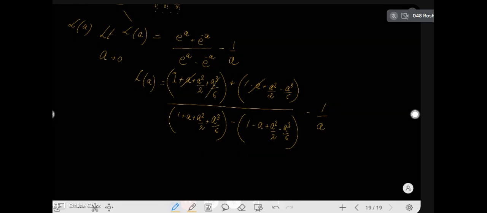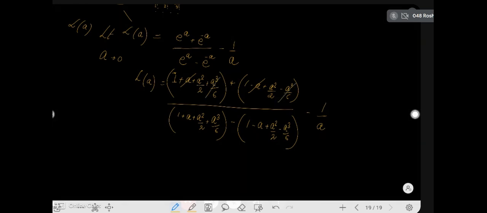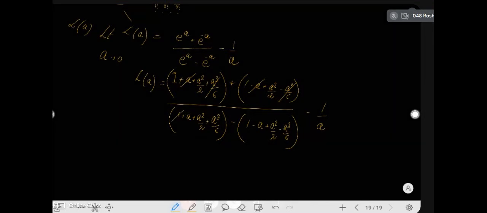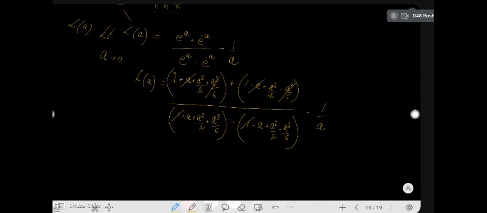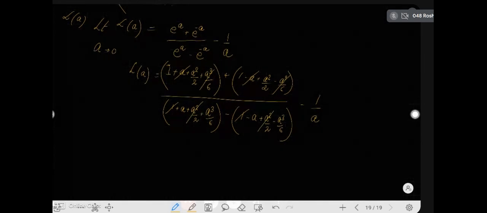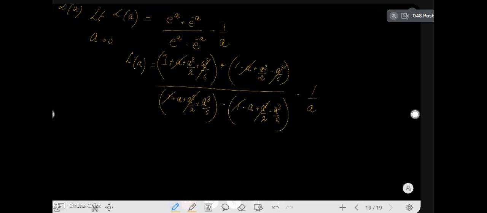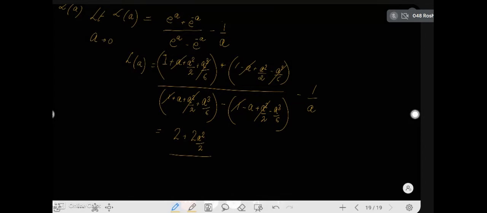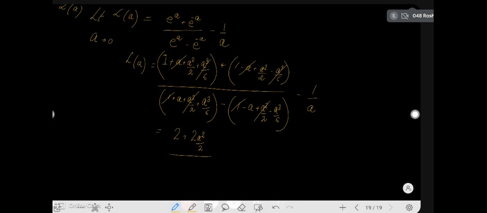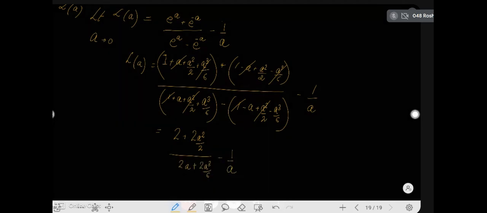Then 1 minus 1 cancel, a square by 2 and minus a square by 2. What are we getting here? This is equal to 2 plus 2 a square divided by 2, or divided by 2a plus 2a cube by 6, minus 1 by a.